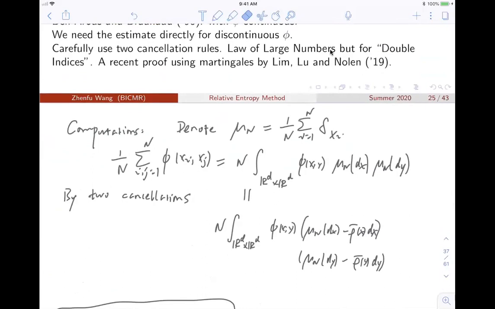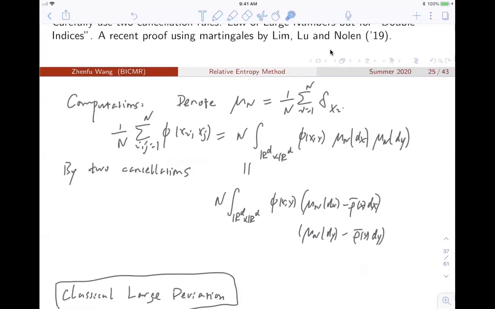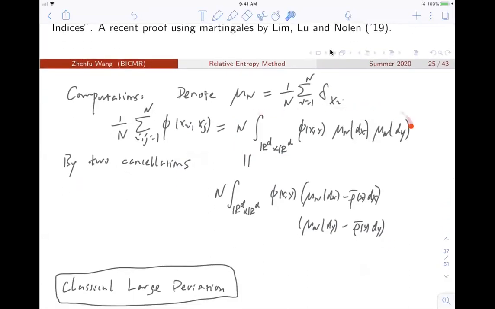If we use the empirical measure mu_n of the configuration x1 to xn to represent the configuration, the sum can be represented as a double integral against the empirical measure. So using the two cancellations, this summation can be written in this way.